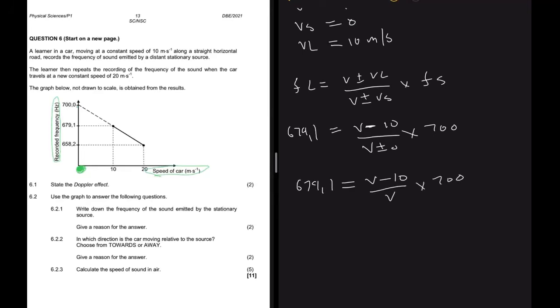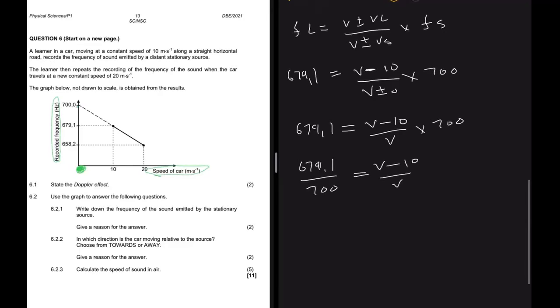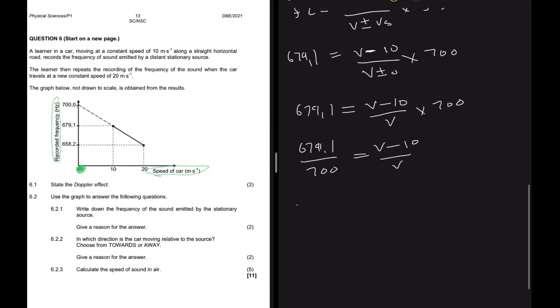If I divide both sides by 700, I will get 679.1 divided by 700 equals V minus 10 divided by V. Cross multiply, I get 679.1 V equals 700 V minus 700 multiplied by 10.